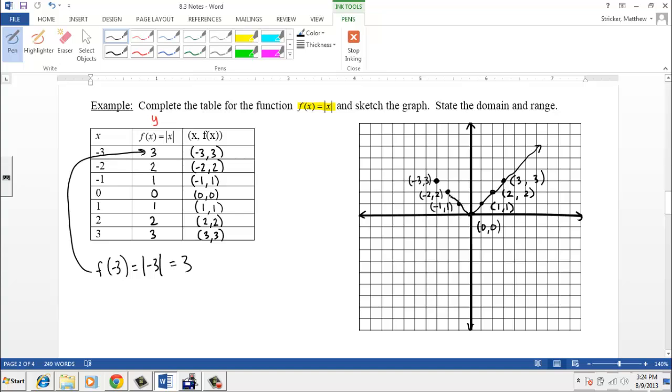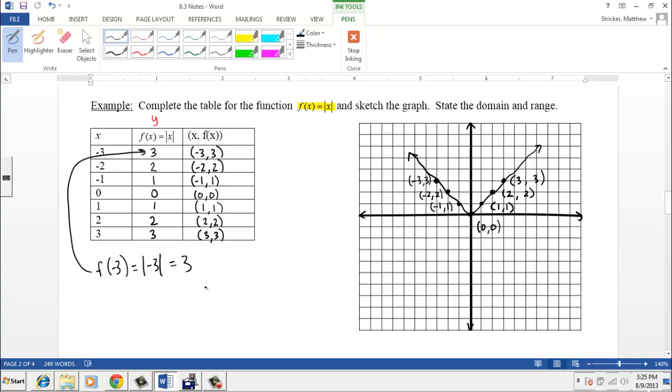And as I mentioned earlier, you kind of have this nice V shape. In fact, every absolute value function will have this sort of shape. Now they're not always in the same exact place, but they should always have the sort of V shape. Sometimes they open up, sometimes they open down, sometimes they're shifted right and left or up and down, but they all have this basic shape.